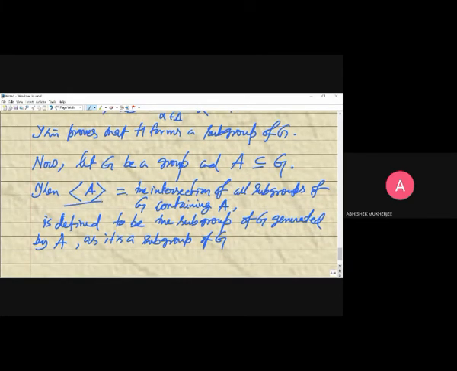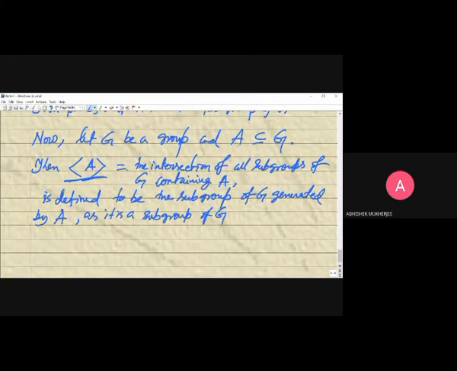So this is defined to be the subgroup of G generated by A. Now, if A is a singleton set, small a, then this is the cyclic subgroup generated by small a, right?